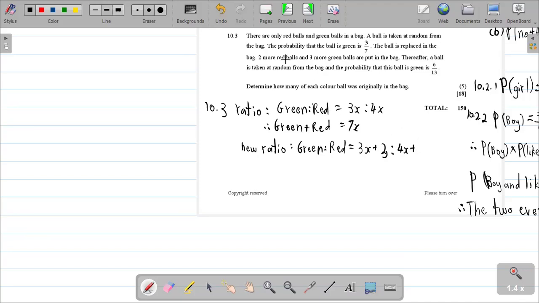This is red, 2 more red balls. So meaning, therefore, in the new situation, green plus red, if you add this and this, will be equal to 7x plus 5.